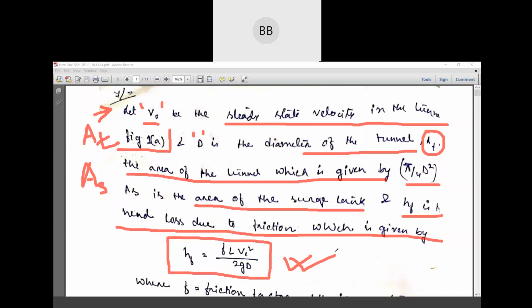So V naught is the steady state velocity in the tunnel. Capital D is the diameter of the tunnel. A suffix T is the area of the tunnel, which is given by pi by 4 D square. A suffix S is the area of the surge tank, and HF is the head loss due to friction, given by the expression you wrote down.